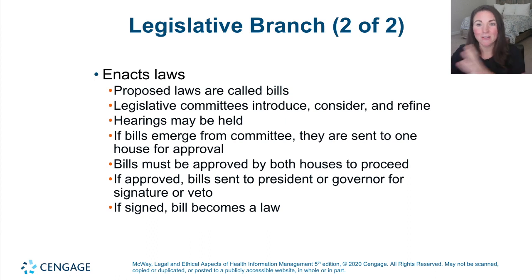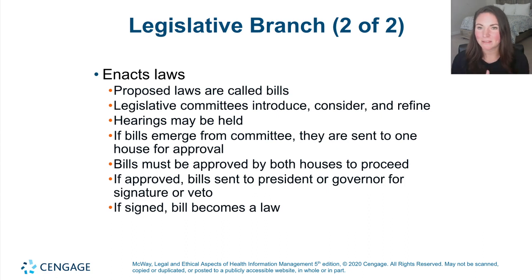Okay? When the House gets it back, they have to look at it and do the same thing. They can either approve it or make changes and send it back. So they can go back and forth. I'm sure you've heard before, the House of Representatives passed this bill, and then a few weeks later you can hear whatever bill didn't pass at the Senate.